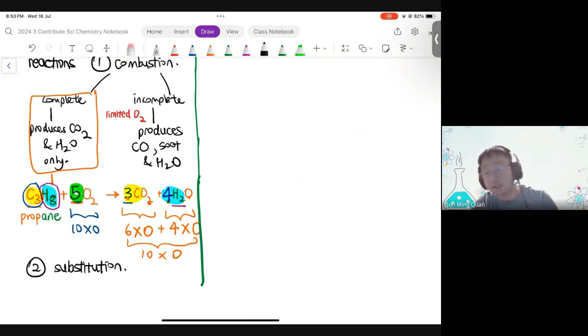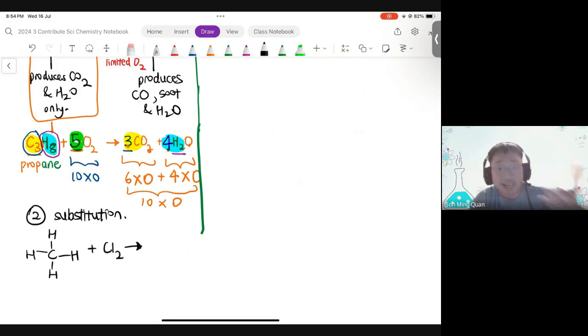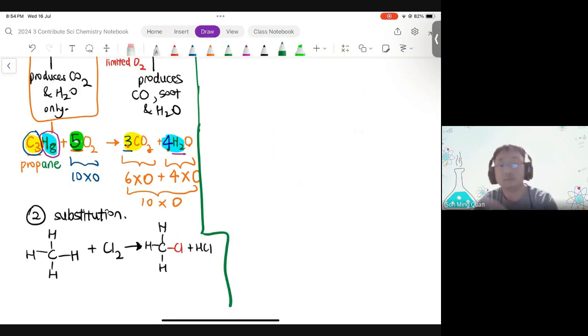Now, this again is not difficult to understand. It's very easy to grasp. Okay? It's the idea of replacement. I'm replacing one of the hydrogen atoms with a halogen like chlorine. So over here, I replace one of the H with a Cl. And this produces HCl in the process. Okay?